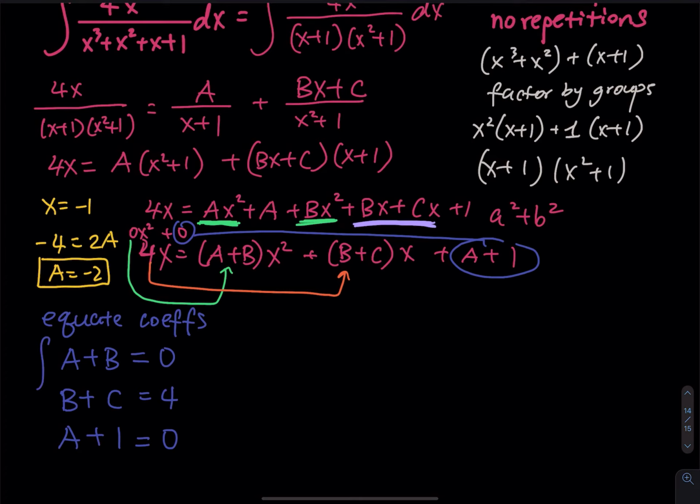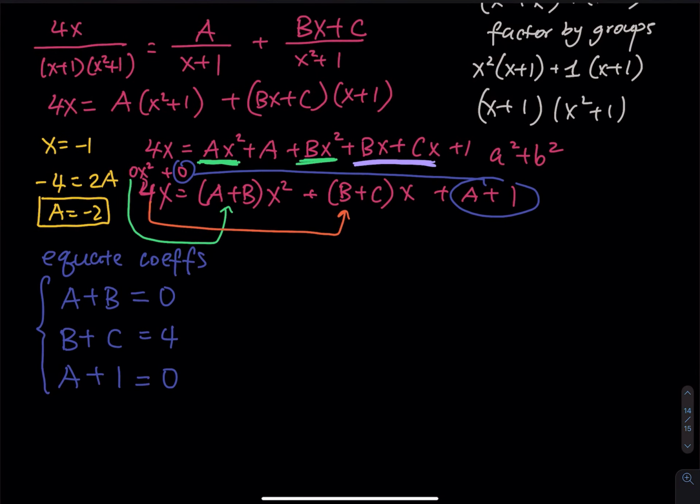This is my system. Mistake here: c times 1, that is supposed to be c. So a plus c equals 0.